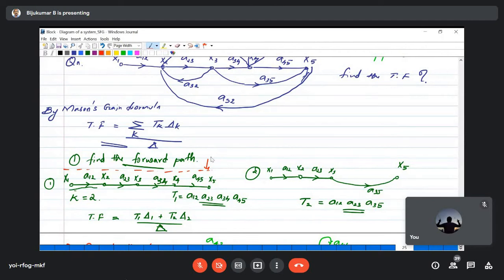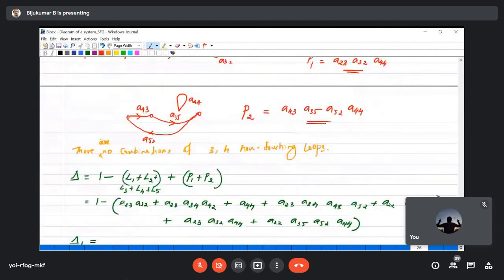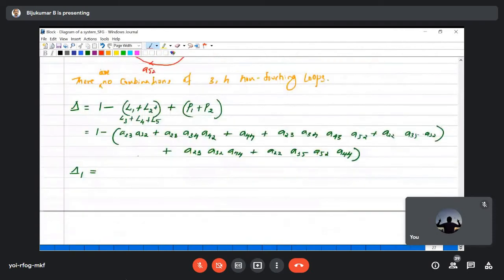So if you want to calculate delta for that, how will you calculate? 1 minus sum of the loop gains. There is no loop, right? So 0. Since there is no loop, there won't be any 2 non-touching loop, 3 non-touching loop, nothing. So the answer will be 1.